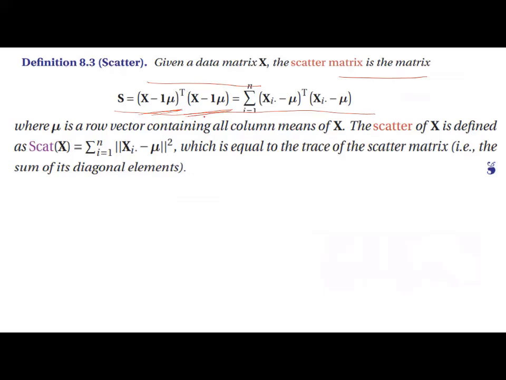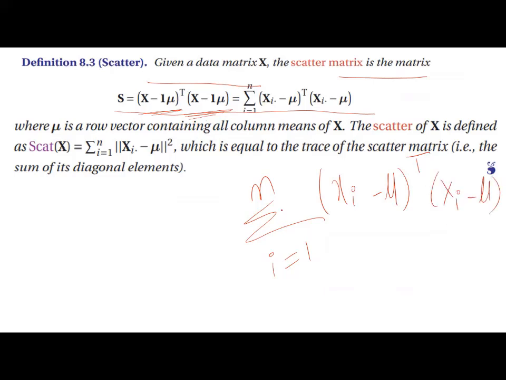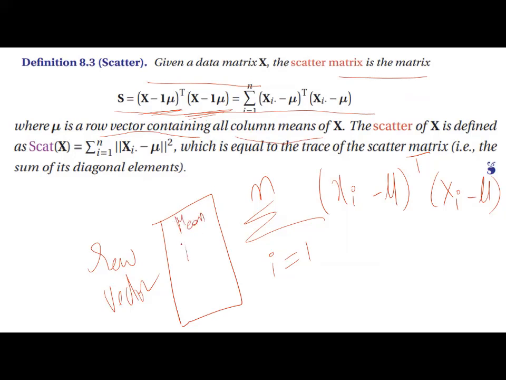This can also be written as the sum over i equal to 1 to n of (xi minus mu) whole power T into (xi minus mu), where mu is a row vector containing the column means: column 1 mean, column 2 mean, column 3 mean.